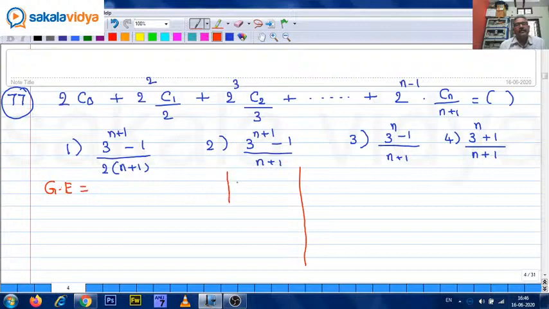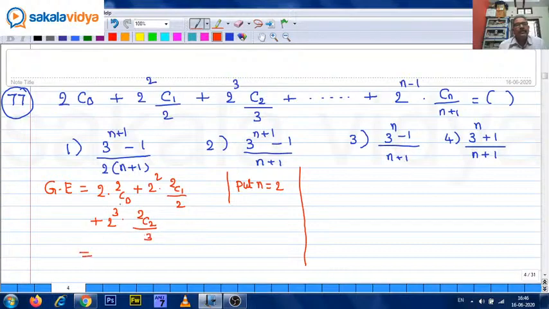Put n is equal to 2. That means you get 2 times 2C0 plus 2 square times 2C1 by 2 plus 2 cube times 2C2 upon 3.